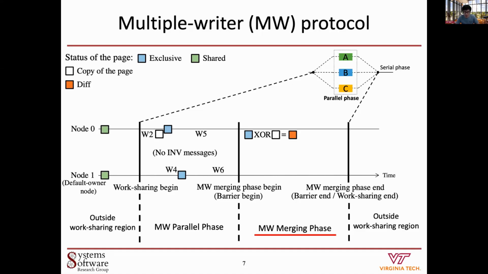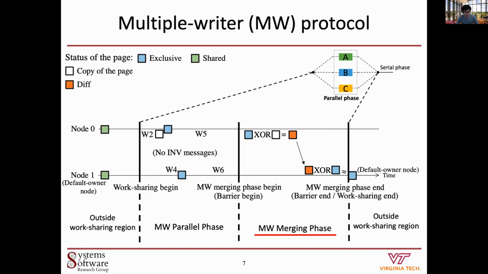On the other hand, if the DSM finds there is only one node writing to the page, it doesn't need to perform merging for the page. After all invalidations and merges have been performed, the work share region ends, and the DSM transitions back to SC for the next serial phase.